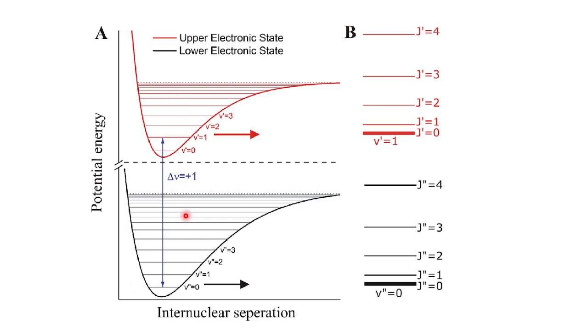Now in case of Raman, since the rotational level is changing, it goes from here to here. So that is the excited state and this is the ground state. Now when it comes back from nu equal to 0 to nu equal to 0, that is Rayleigh.